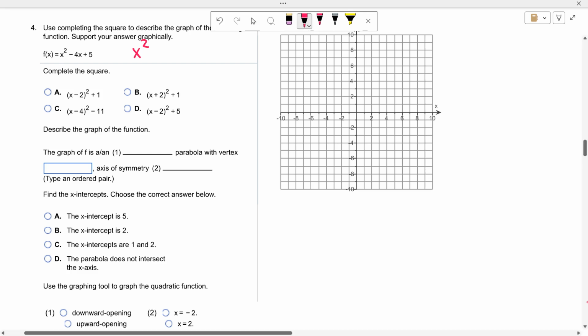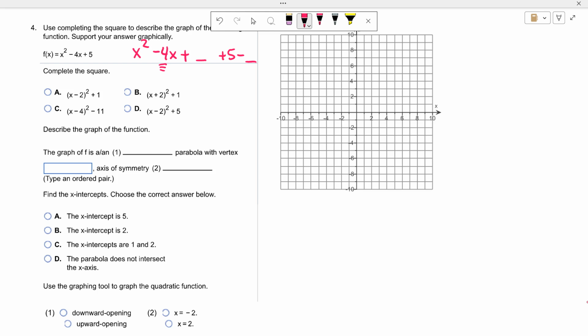X squared minus 4x plus something plus 5 minus that same something. What's the something? You take this, your middle term, take half of it and you square it. What's half of -4? Negative 2.